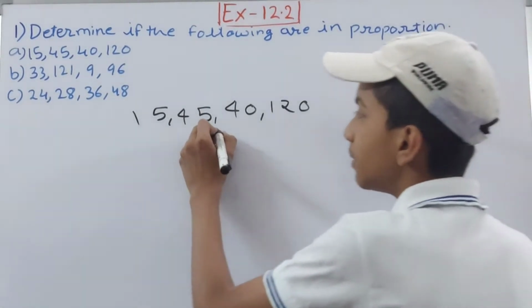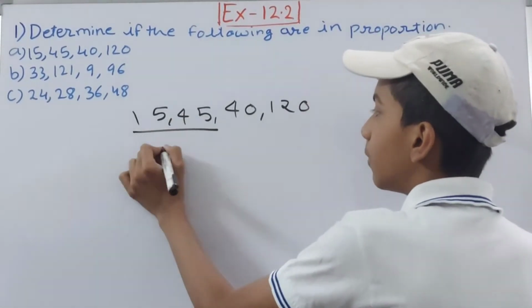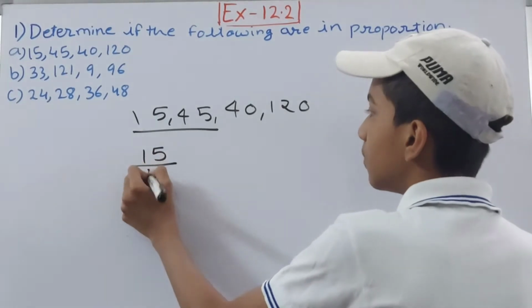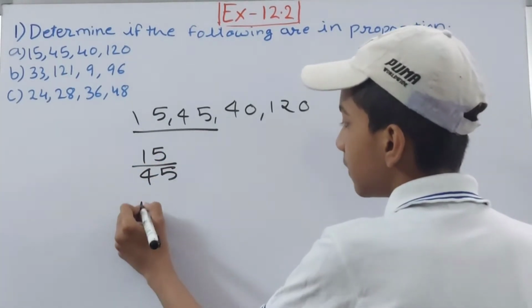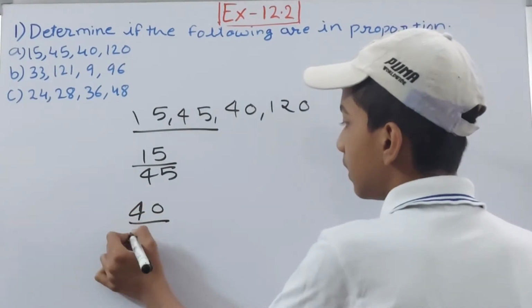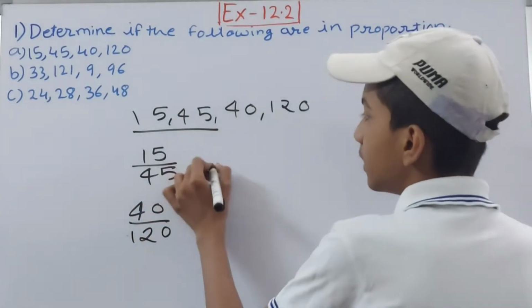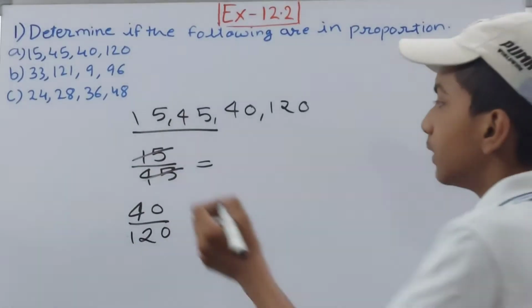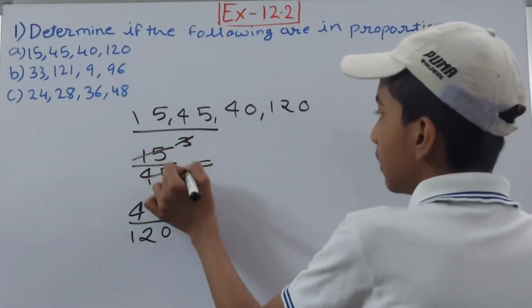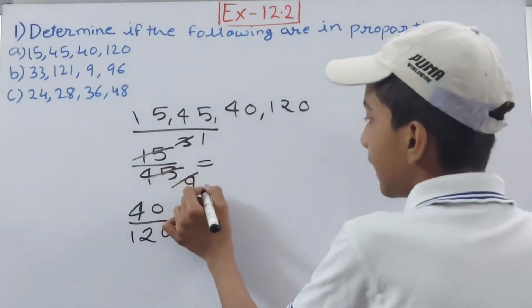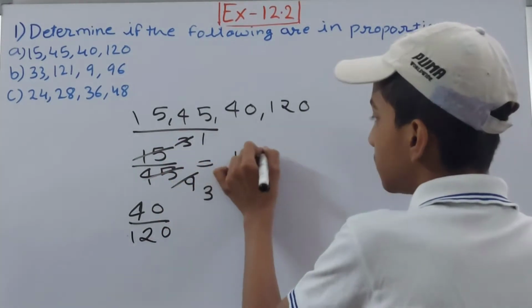So first you will make this 15 upon 45, and then we have this second one, 40 upon 120, right? So let us do this. So this will be 3 and this will be 9. Now this 3 will be 1 and 9 will be 3, so you get 1:3.